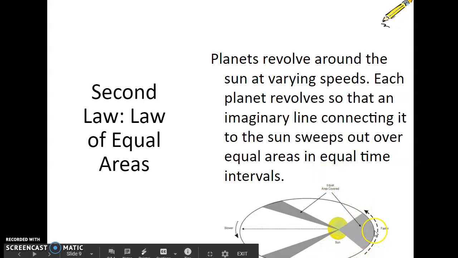More specifically, when planets are a little closer to the sun as they revolve around it, they'll move faster. They move faster because they're closer to the sun, so the sun's gravitational pull causes them to revolve a little faster. And then as a planet moves further away in its revolution, it moves slower because the sun's gravitational pull isn't nearly as strong compared to here and here.